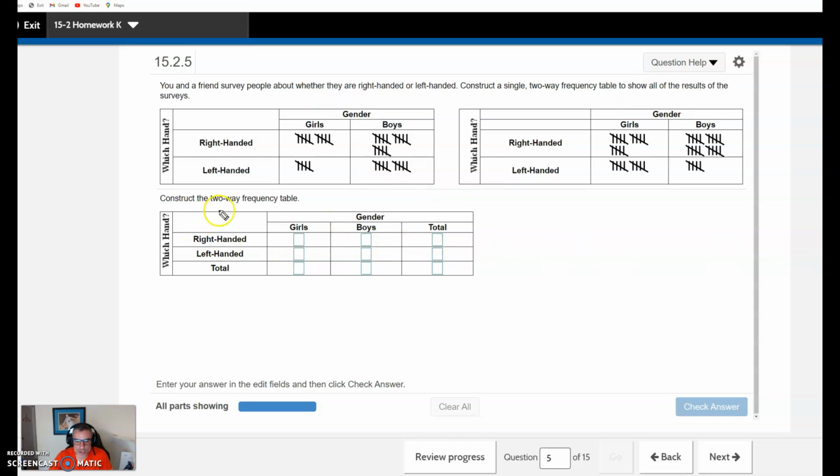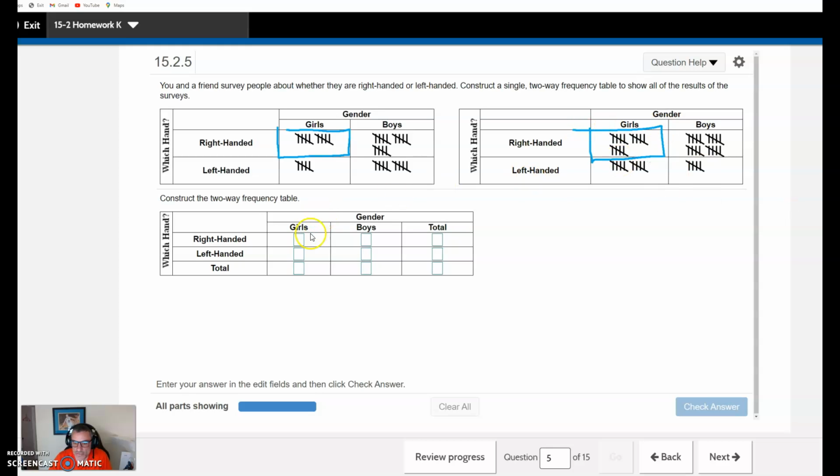All right, so we're looking at gender and right-handed or left-handed. Is there a connection between your gender and whether you're right-handed or left-handed? So the first thing we want to know, I always just start in the upper left: girls that are right-handed. So girls that are right-handed, I have 10 here, and I have 15 here.